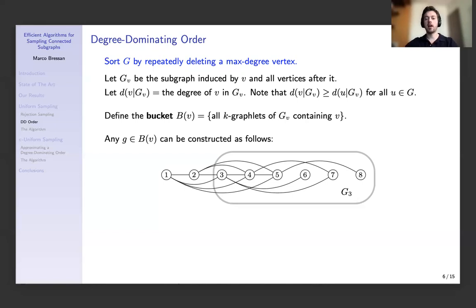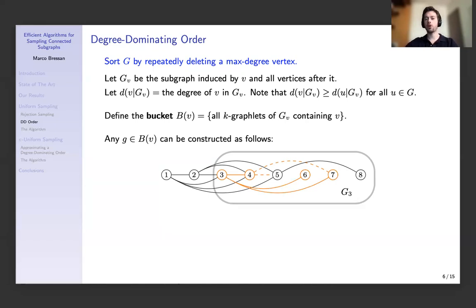Now observe that any graphlet in the bucket of vertex V can be constructed as follows. We start from vertex V itself, in this case vertex 3, and then we do a search where we progressively include nodes through a spanning tree of the graphlet.